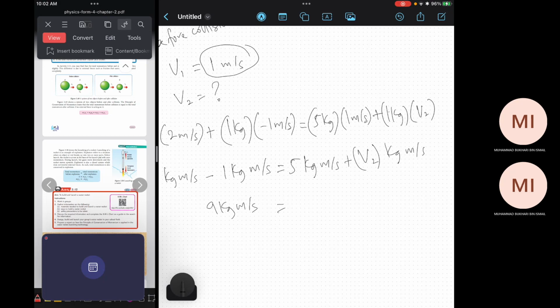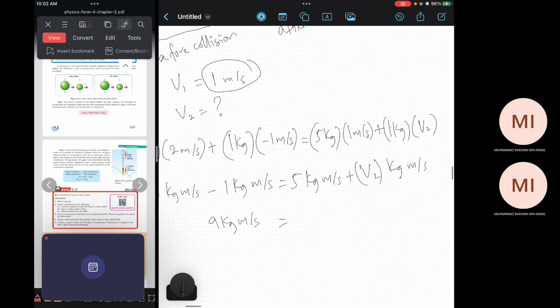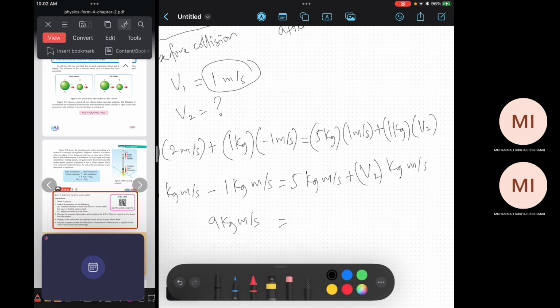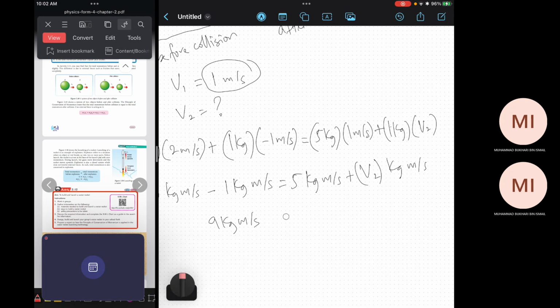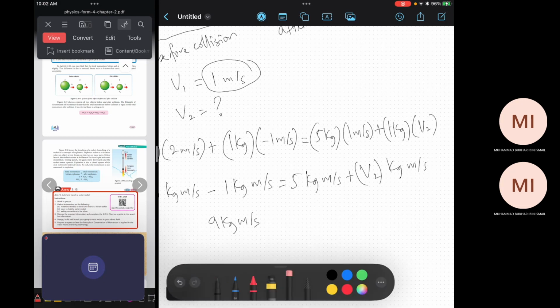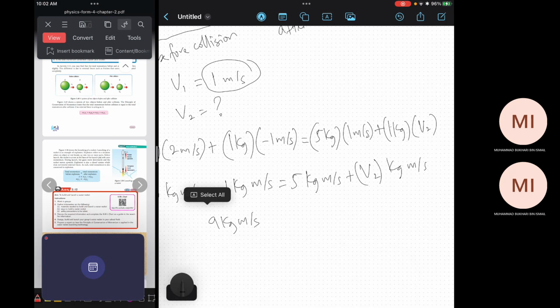So macam mana ni? Kita pindahkan lah. Minus 5 kan? 9 minus 5 kilogram meter per second equal V2. Kalau minus apa? 4 lah. 4 kilogram meter per second.